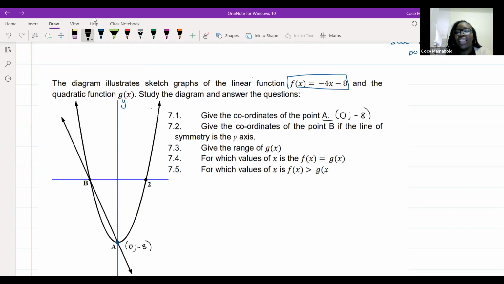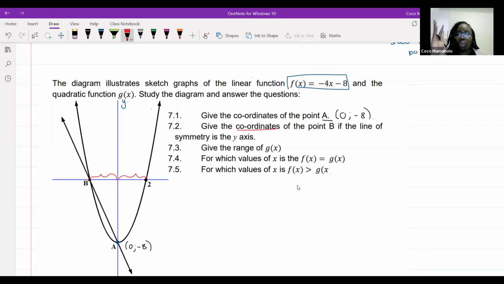Now it says, give the coordinates of point B if the line of symmetry is the y-axis, which means that this point and this point are the same distance apart from here to there. But remember, they want coordinates, so we need to write it in coordinate form.